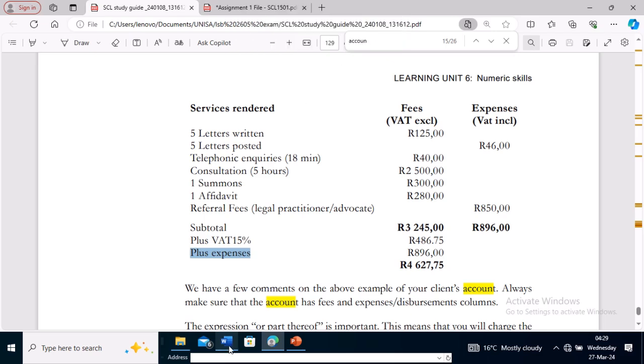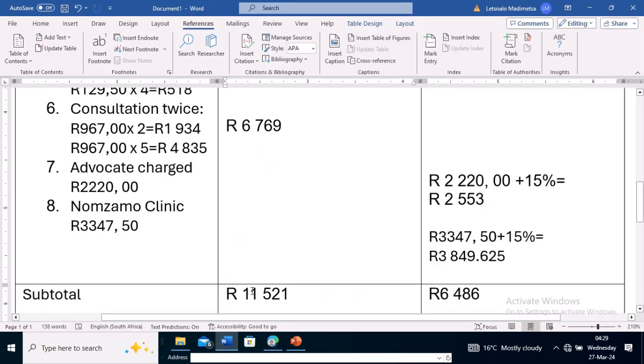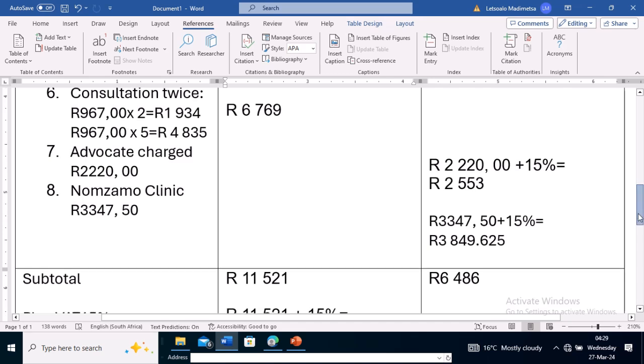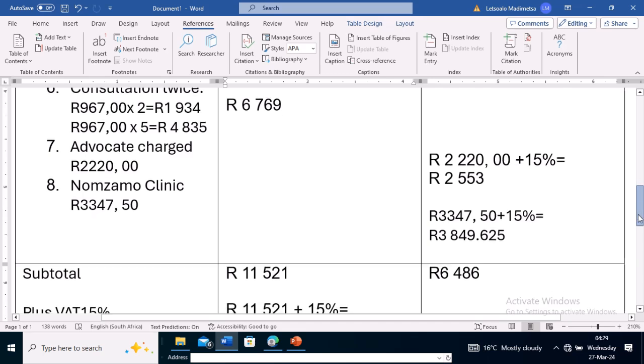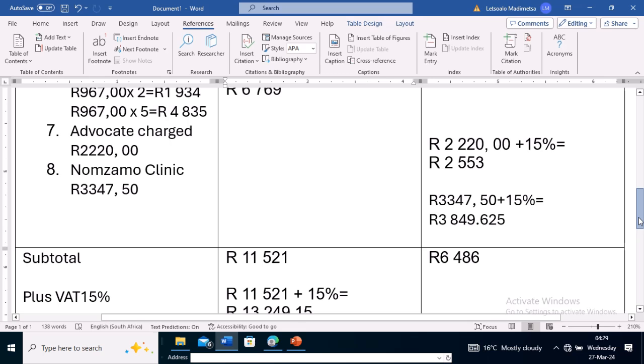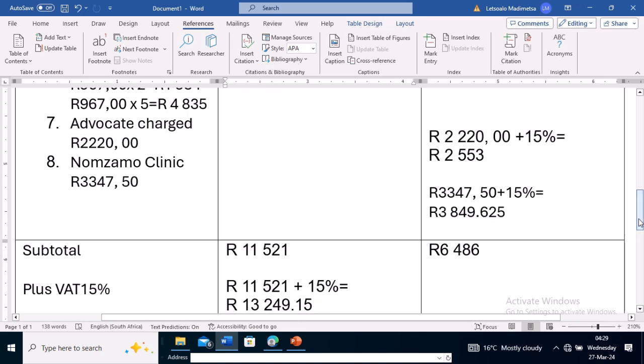So we have to say 11,521 plus 15%. It has to be like this. 11,521 plus 15%, and it has to give us 13,249 rand 15 cents.